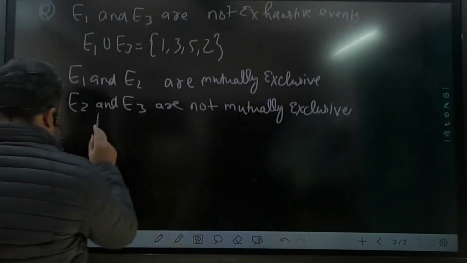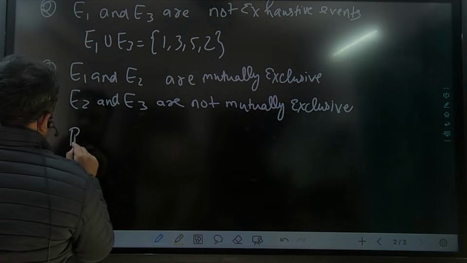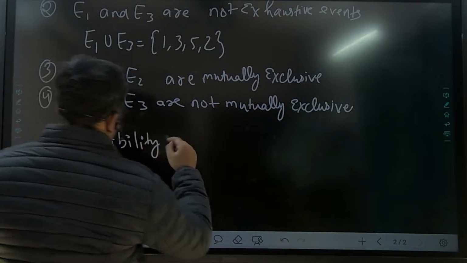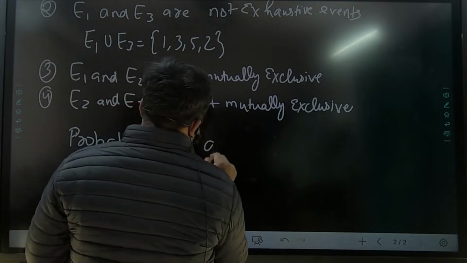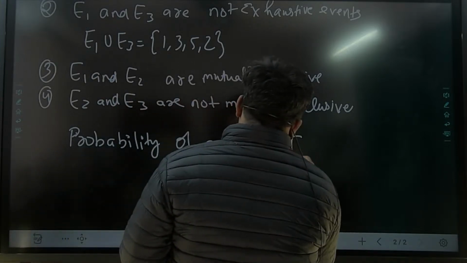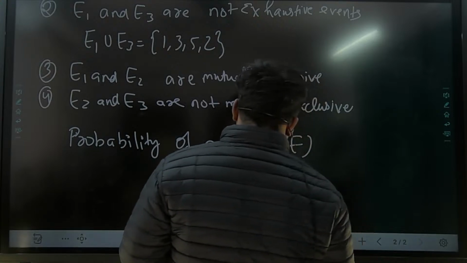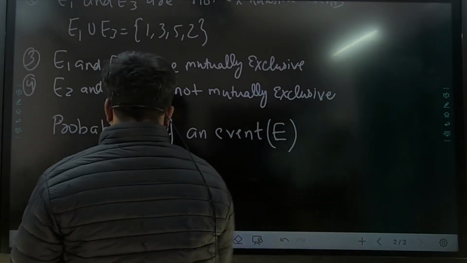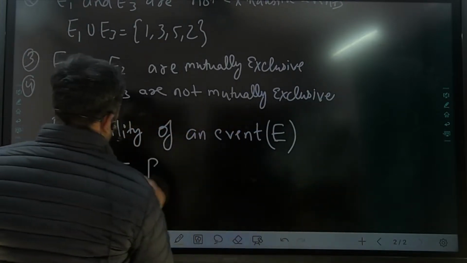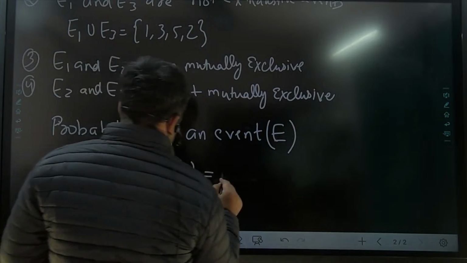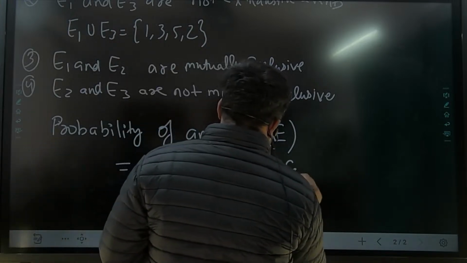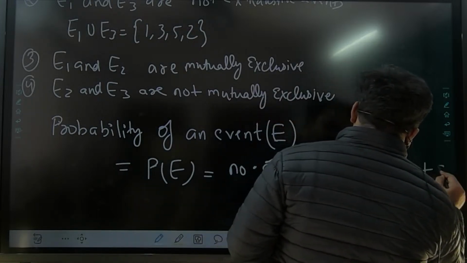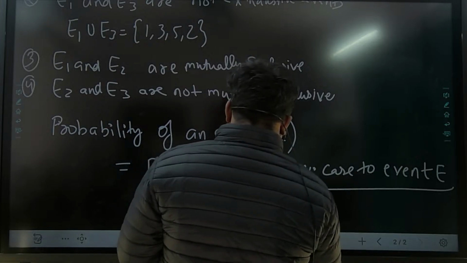Now we see the definition of probability. The probability of any event E to happen is given by the number of favorable cases to event E divided by the total number of cases.